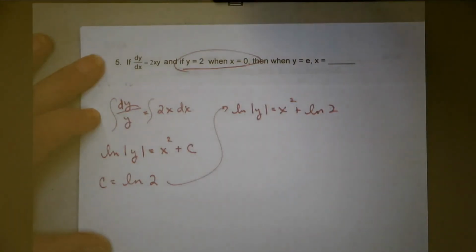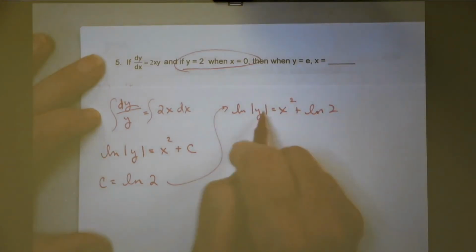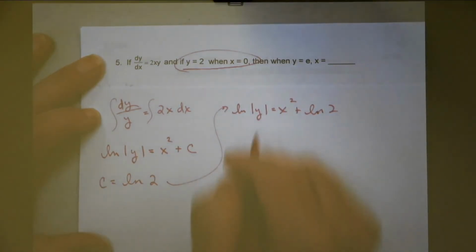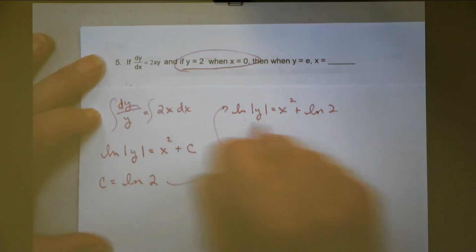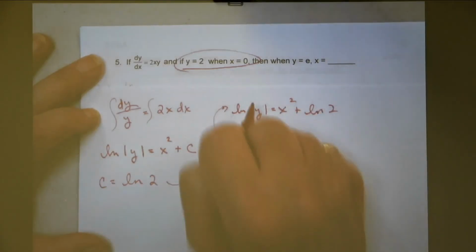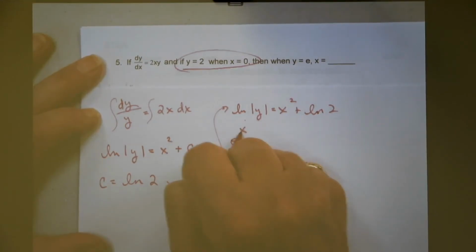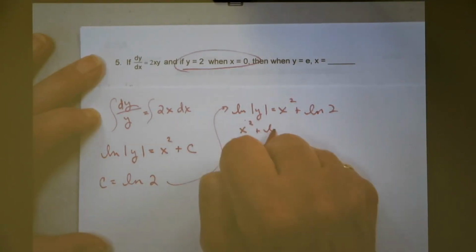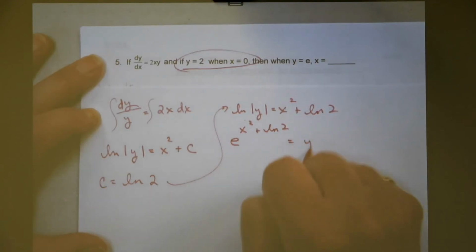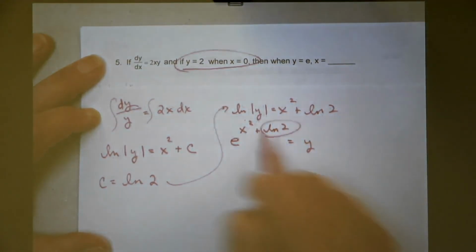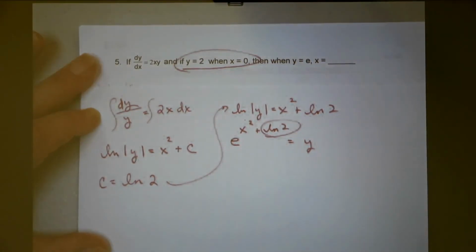y is 2 when x is 0, so we're working on the positive. I'm going to drop the absolute value bars. So here, remember, e to all of this is y. e to the x squared plus ln 2 is y. And here is your c in the formula.